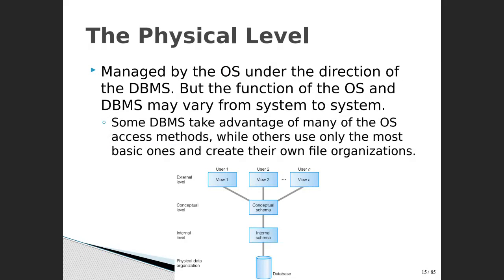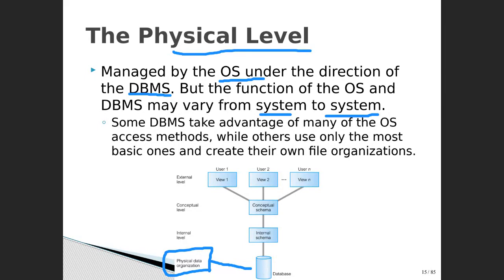Now, after this, you can see that the database itself will have the physical level. The physical level will be managed by the operating system and under the direction of the database management system. So they will work together, but this may vary from system to system because it depends on the operating system.